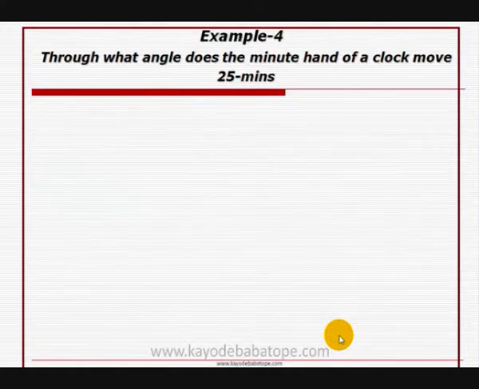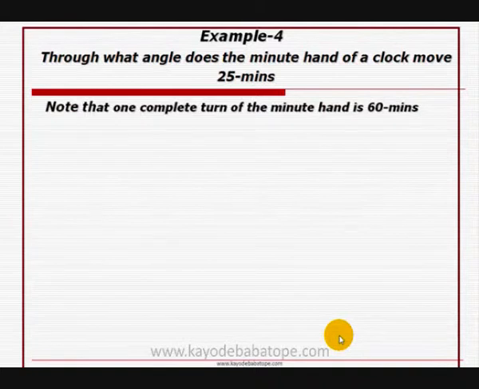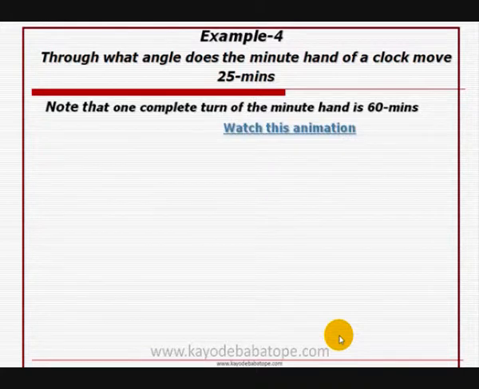Example 4. Through what angle does the minute hand of a clock move in 25 minutes? Note that one complete turn of the minute hand is 60 minutes. The minute hand makes a complete revolution every 60 minutes. Watch this animation.